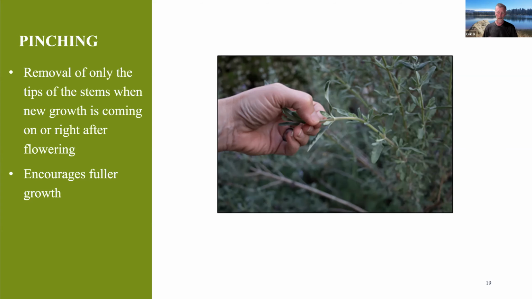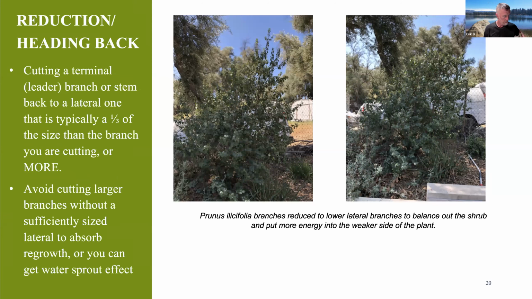You can even do that right at the very tip. Sometimes if you get a really young one, you can just pinch right at the head of it. You can pinch it out and get more growth going that way. This is typically done on young plants. All right, let me see if I missed anything. Oh yeah, sometimes you get a nursery plant that's one stalk like this.